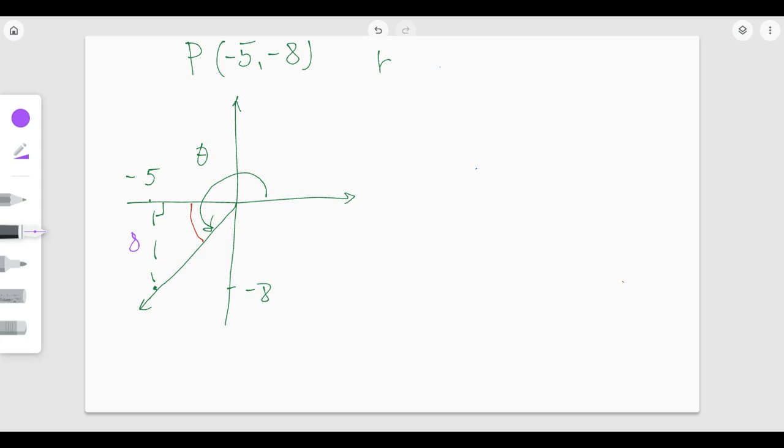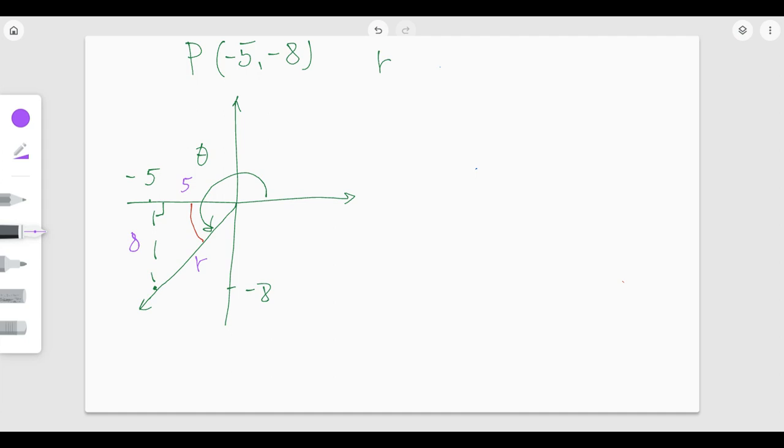On the other hand, the other leg's length is 5, because again, it's a distance, which cannot be negative. So now I hope you see the right angle triangle with the given legs, and all you have to do is to apply the Pythagorean theorem in order to find r, which is the hypotenuse of this triangle.